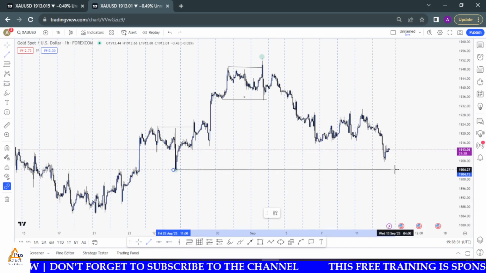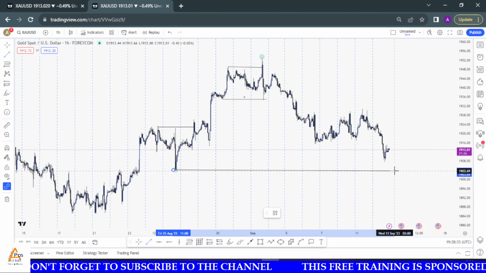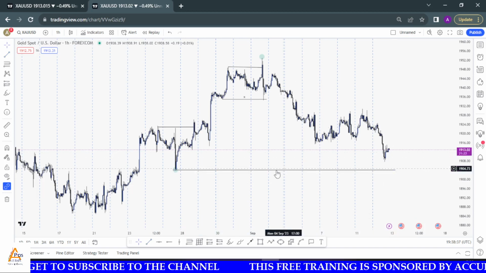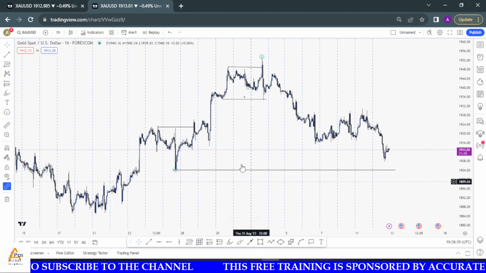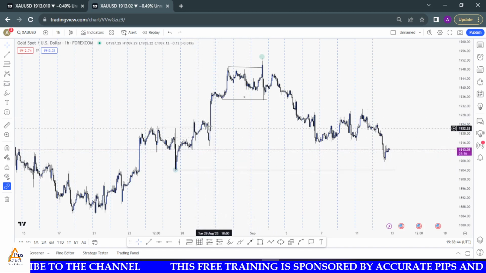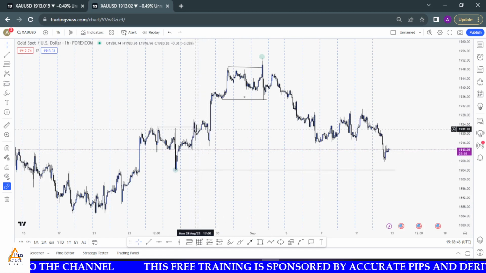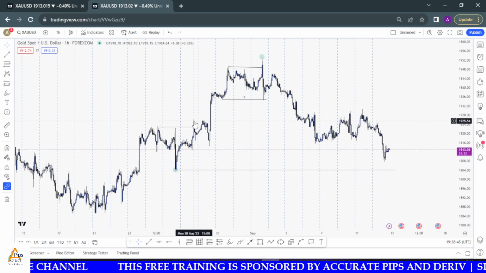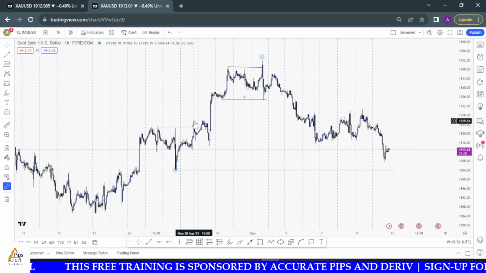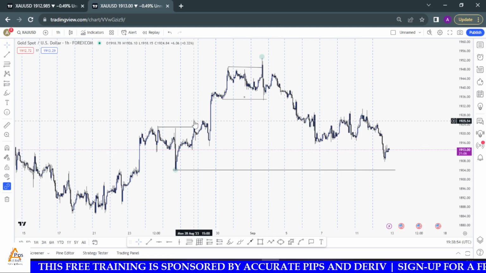I'm talking in terms of H1, because currently that is what I'm using as my higher time frame. Because here this would have been our IDM. It wasn't taken out. This is why this place is not our valid high.